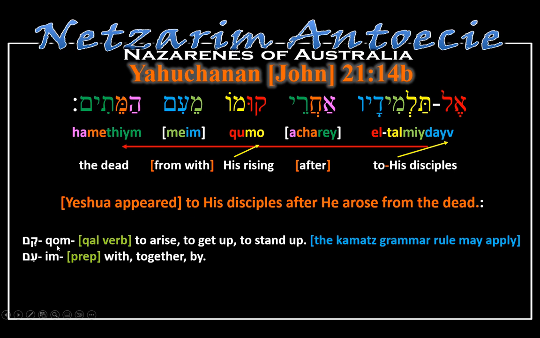And I've given you, of course, kom. See, because I'm here, when it's in that form, it could be the kamatz rule, which makes it a short O sound. Kom. It's a kal verb to arise, to get up, to stand up. The kamatz grammar rule may apply, right? So then we have im. It's a preposition: with, together, by.